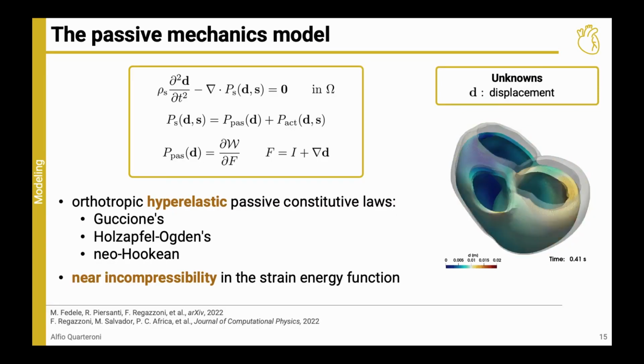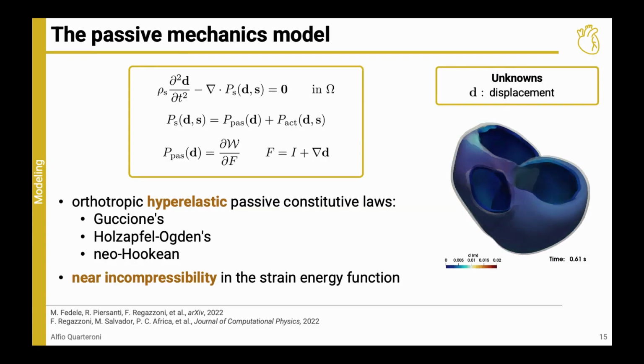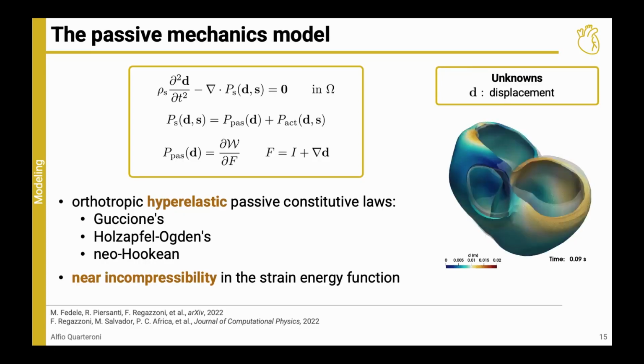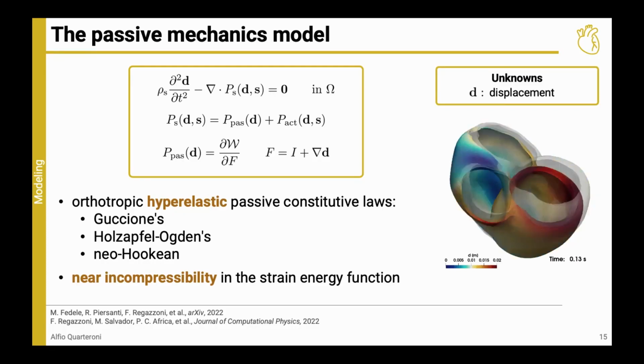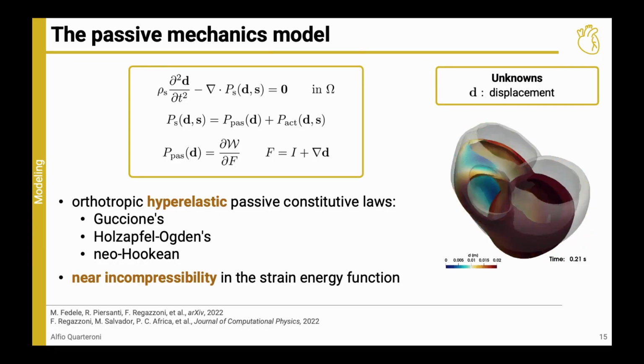So we're assuming that the material is orthotropic and hyperelastic, which means it's a very specific material. It's not like having an iron or a bridge or concrete. Again, these are constitutive laws that are under exam here. But we assume this specific behavior. We assume that the blood is nearly incompressible. It's not, sorry, not the blood, the solid part, so the myocardium is nearly incompressible.